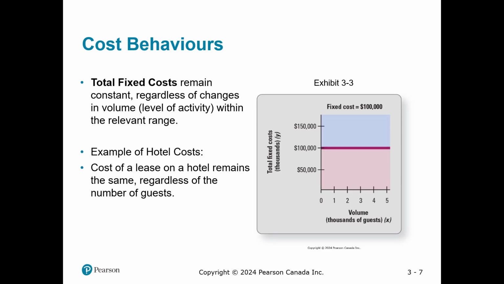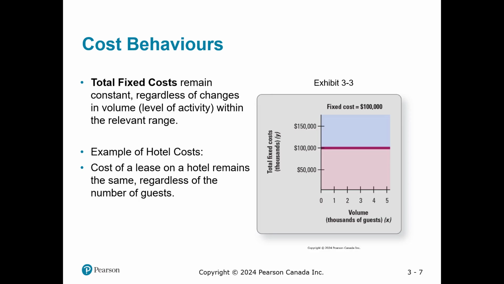Another common grouping is total fixed costs. And total fixed costs are constant, regardless of the change in volume or the level of activity within the relevant range, which we'll talk about in a second. But regardless of the changes in the level of activity, the cost is going to be constant.